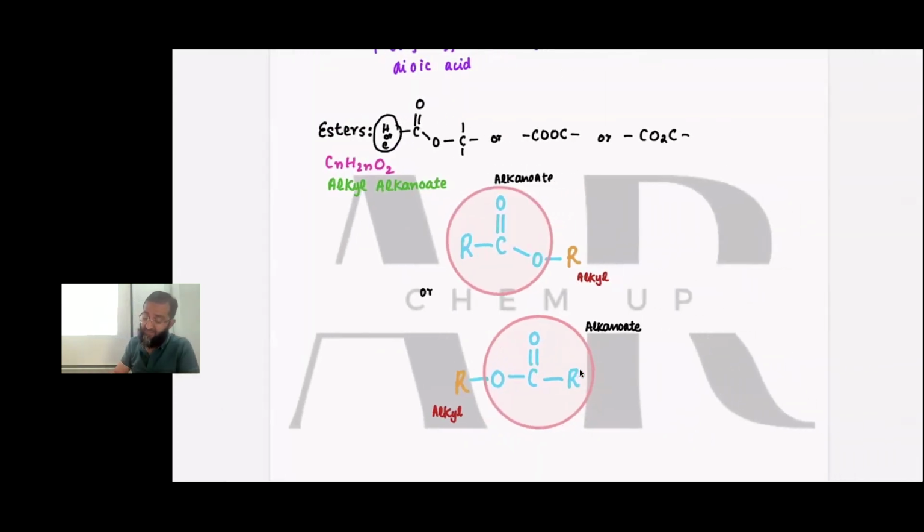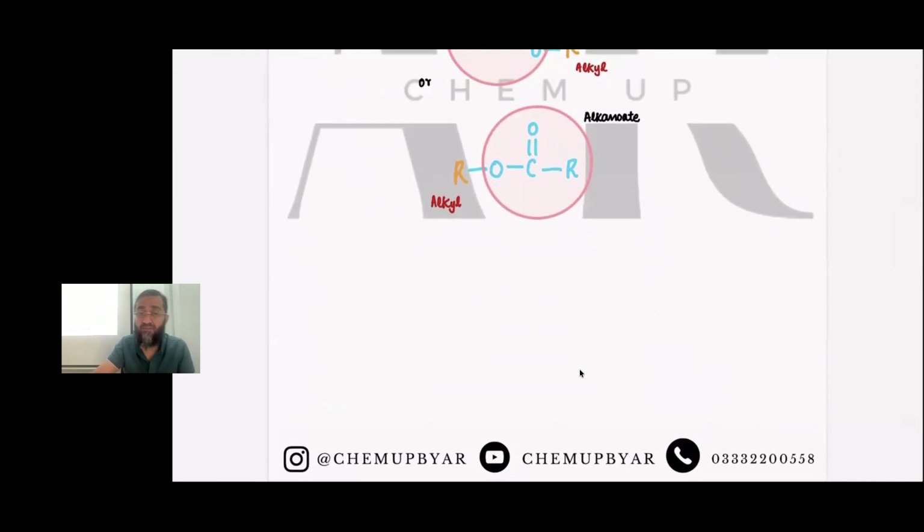For example, I have a C double bond O. Now tell me the name of this compound.